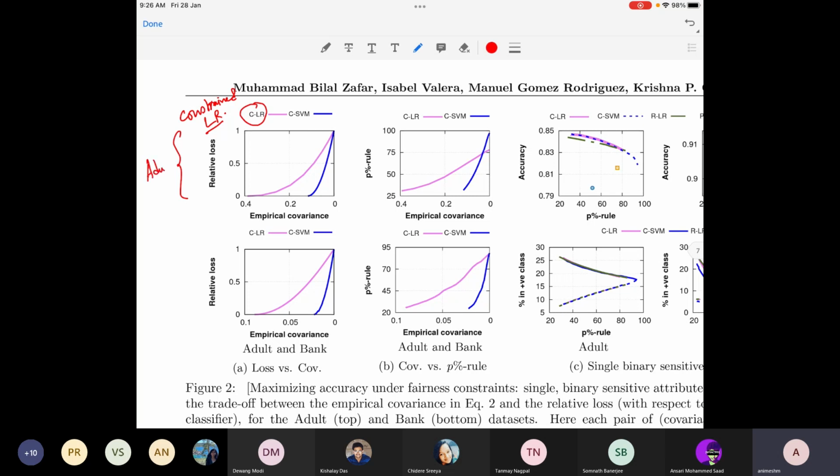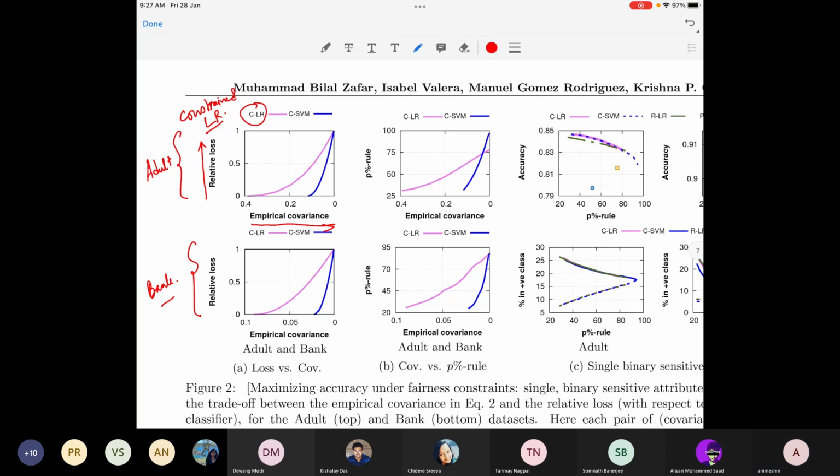This is for the adult dataset and this is for the bank dataset. Okay, now the first thing that the authors are plotting are the empirical covariance and the relative loss function.